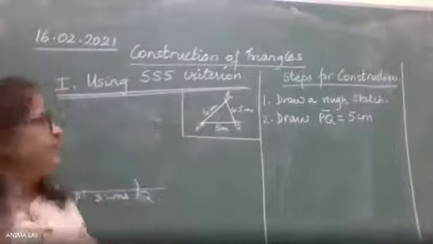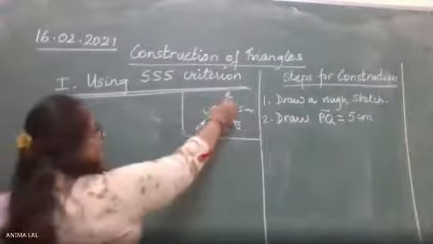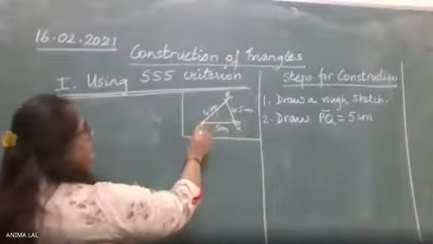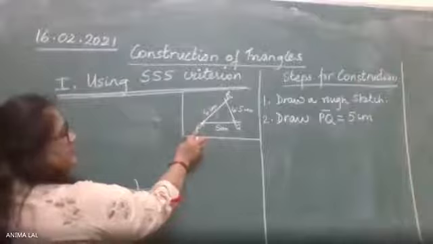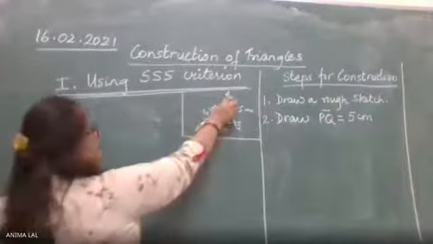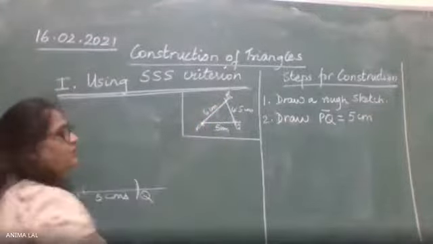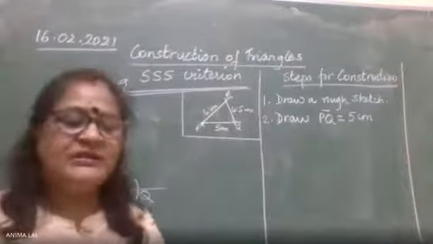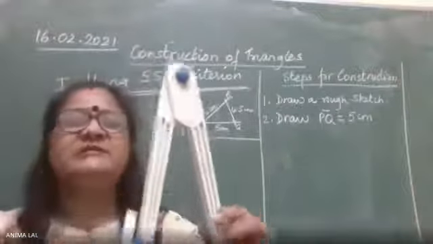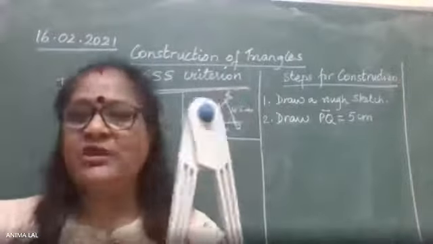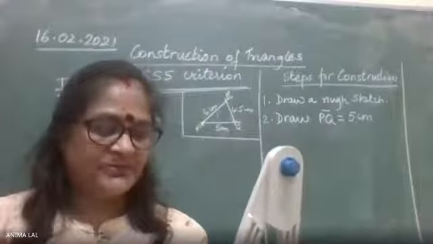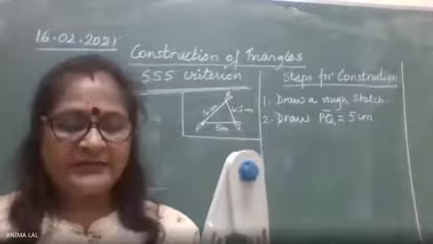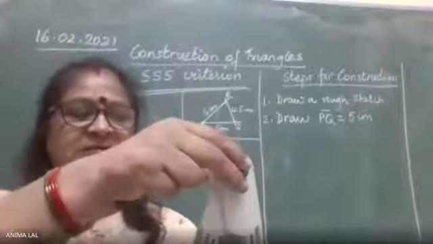Now PR or point R is 6 centimeters away from P. So what we need to do? Measure 6 centimeters now with your compass. Put the compass point at 0, increase your radius to 6 centimeters.